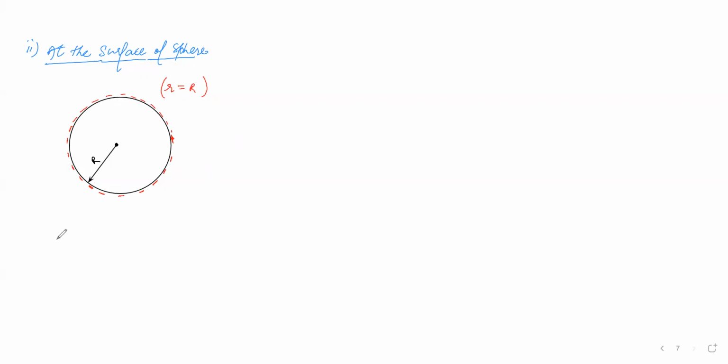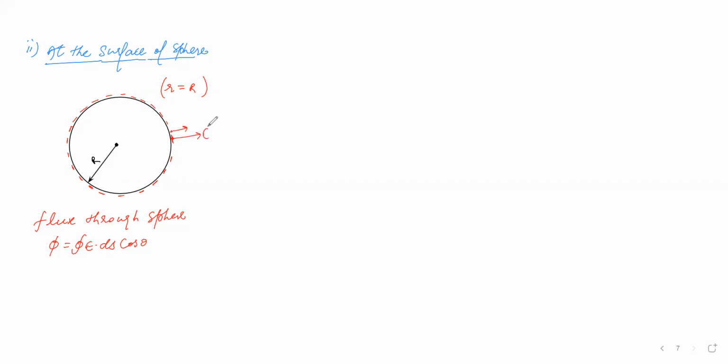Now, what is the flux through the sphere? It is phi is equal to integration of E dot ds cos theta. Again, cos theta is 0 because your body is positively charged, and the area vector and the field vector are both in the same direction.